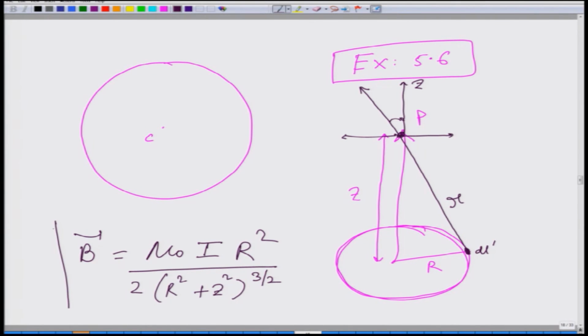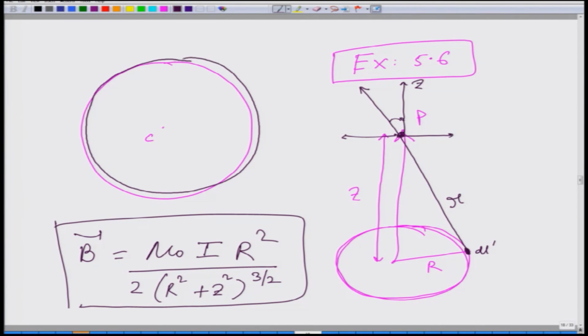Now we will use this in finding the magnetic field at the center of a spherical shell. How will I do it? Let us just see how we can implement this idea. If we take a circular ring at an angle theta from the center, where r is the radius and this circular ring has a width say d theta.